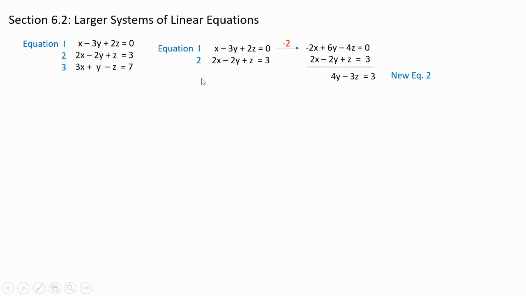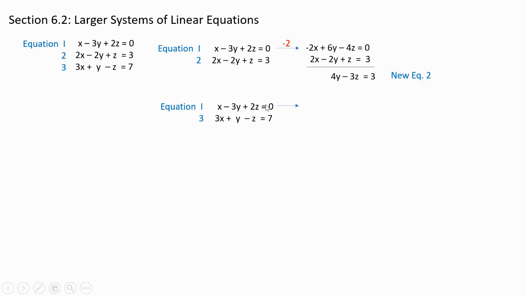Now, to continue with the plan, I'm going to take equation 1 and equation 3 and repeat the process. I'm going to get rid of the x's, but in this case, I'm going to multiply equation 1 by -3. And Marisa, to further answer your question, in math it is legal, as long as you multiply both sides of the equal sign by the same number.